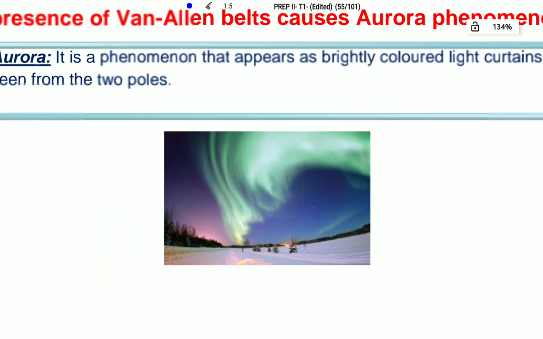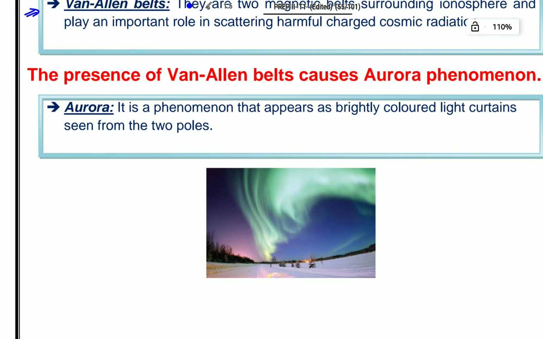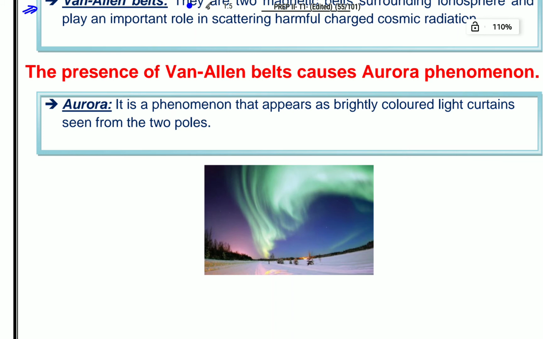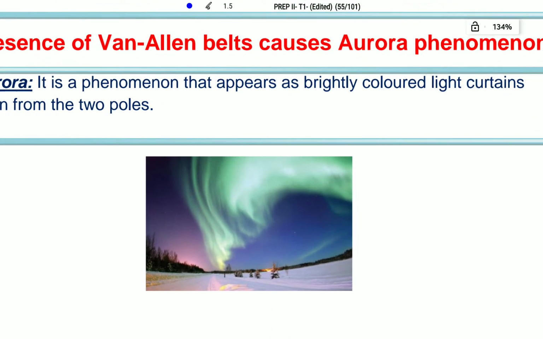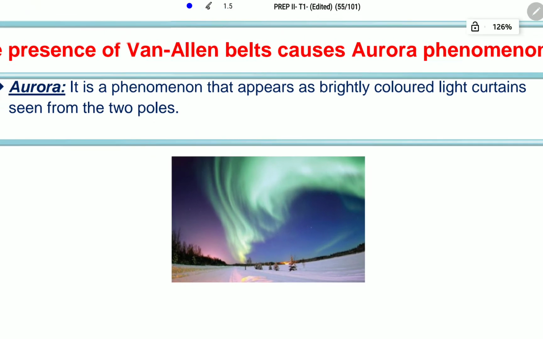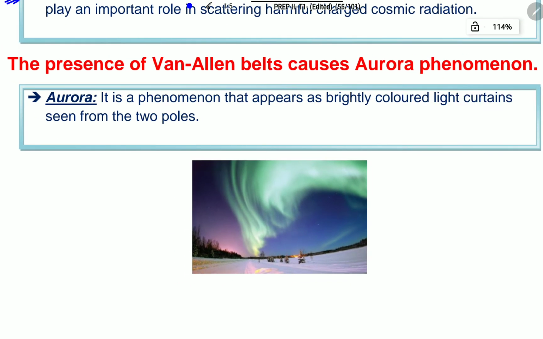These colors that we can see in some movies are called the aurora phenomenon. And this aurora phenomenon happens because the Van Allen belts scatter or reflect back the harmful cosmic radiations coming to us. And we can see this phenomenon only from the two poles.